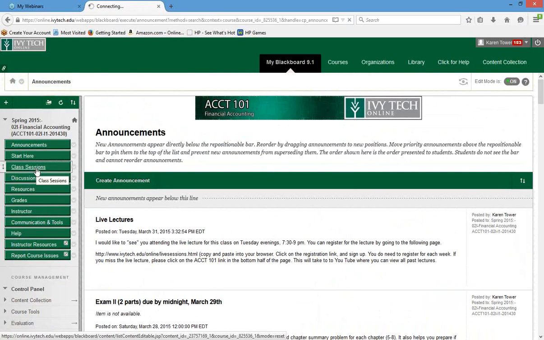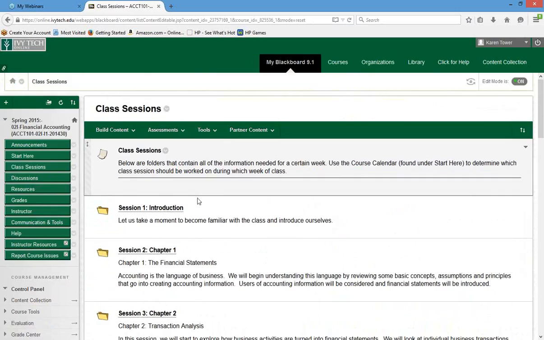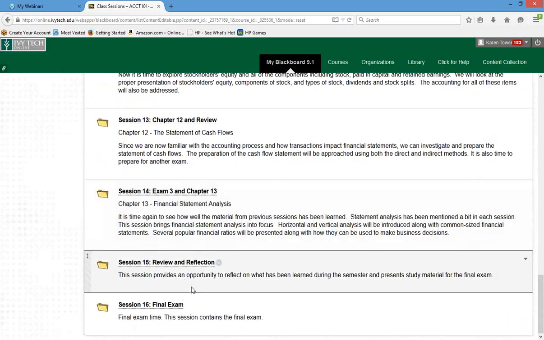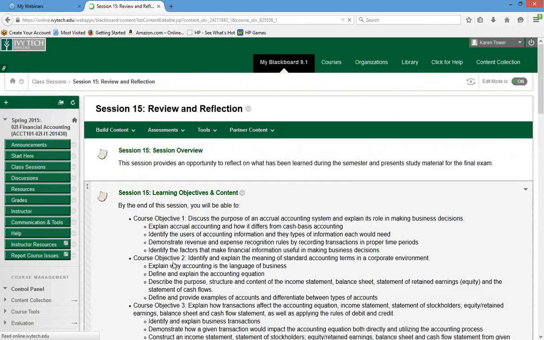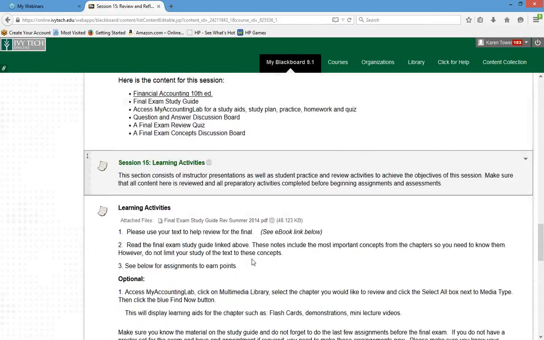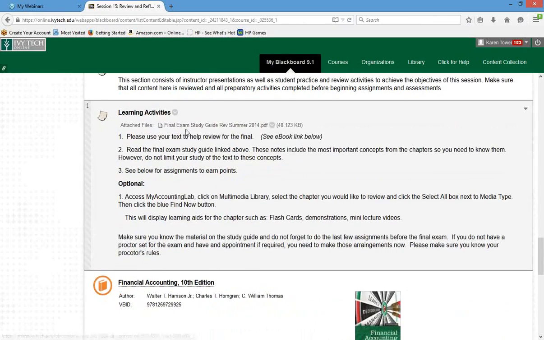So if you go to your class sessions and class session 15, I want everyone to be aware, and I want you to start working on this. Under class session 15, you're going to have a final exam study guide. You can use that to help prepare for your exam.